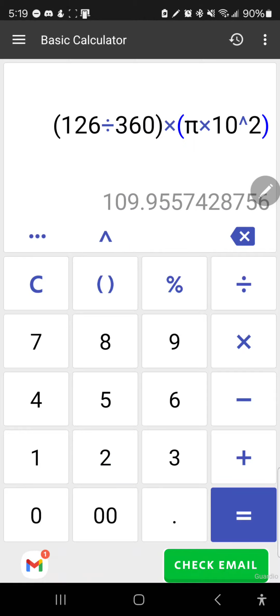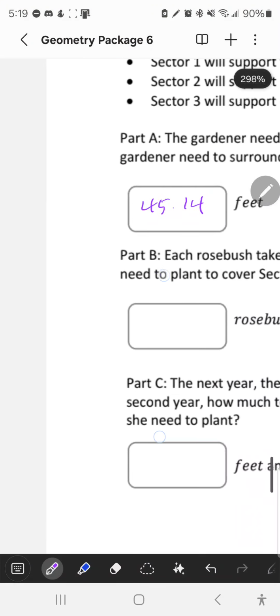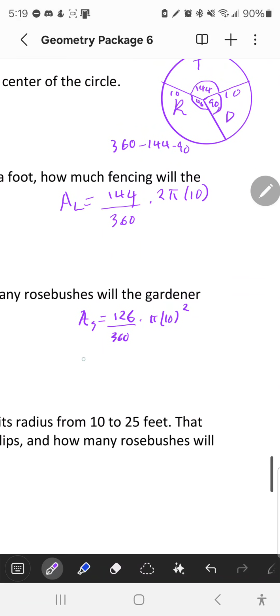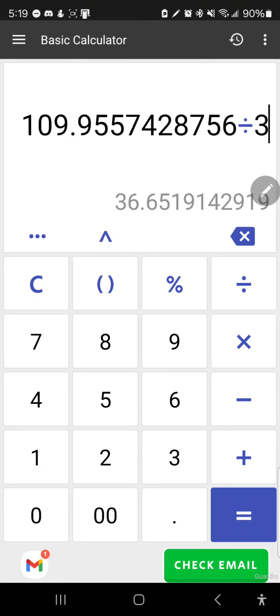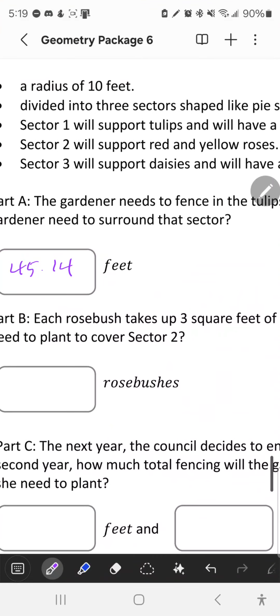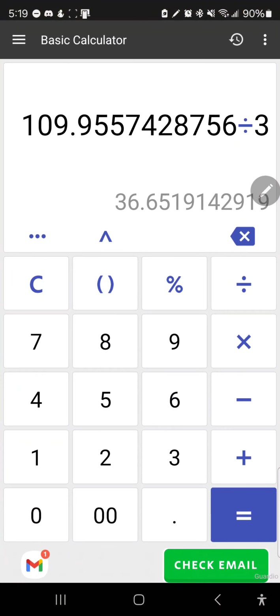And now I can calculate the area of sector 2. The area of the sector is the angle, 126 over 360, times pi r squared, and r here is 10, so 10 squared. I put in 126 over 360 times pi times 10 squared, and that's approximately 110. Now I need to divide this by 3, because each rose bush takes 3 square feet, and our answer should be 36. Why 36 and not 37?